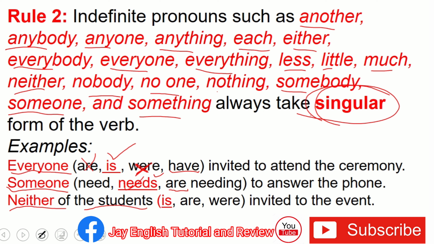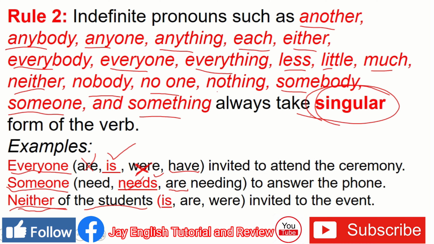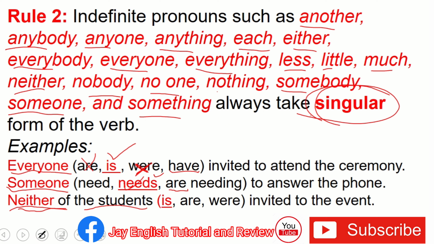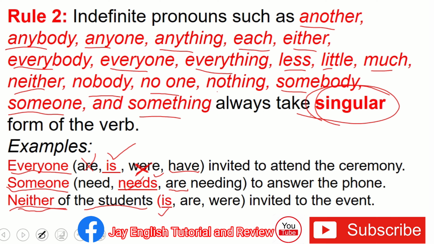But if you're going to stick with what the rule says, using neither in the sentence, especially as part of the subject, you are going to pair it with a singular verb. So is, are, were, is our singular verb. Both linking verbs are and were are plural. So please don't be confused because of the word students.